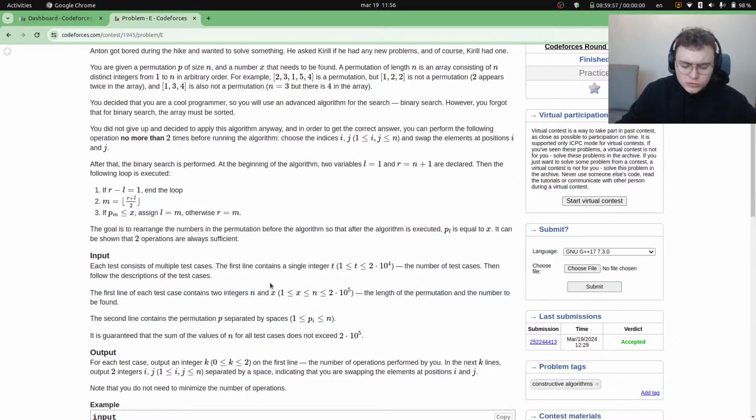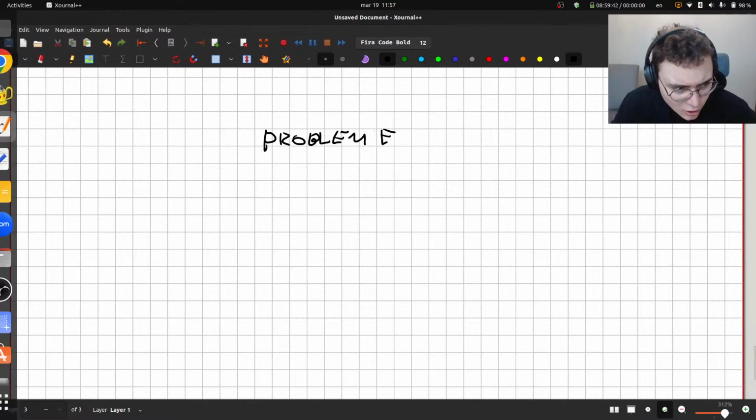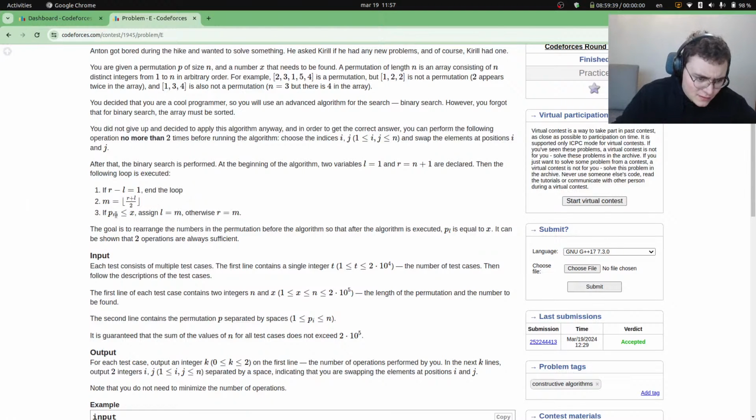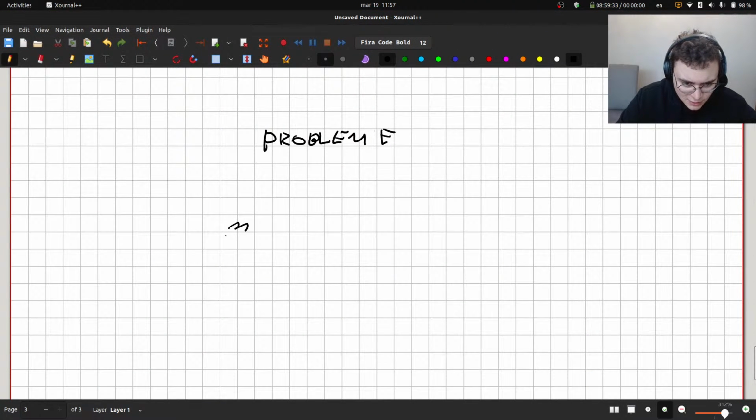So, yeah, we want to swap at most two pairs of indices such that this weird procedure ends up with p_l equal to x. So there's basically only one observation in this task. Let's say that we go through some m's here, right? Let's say that first our m is equal to 5, then something happens and it's equal to 7, then something happened.